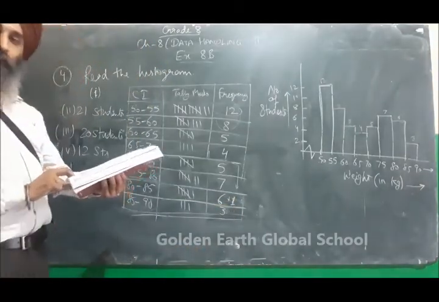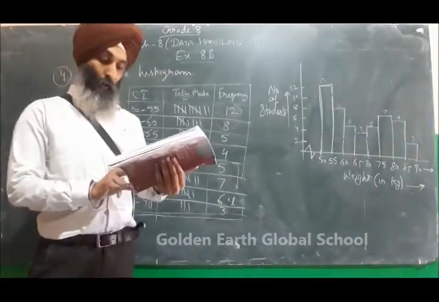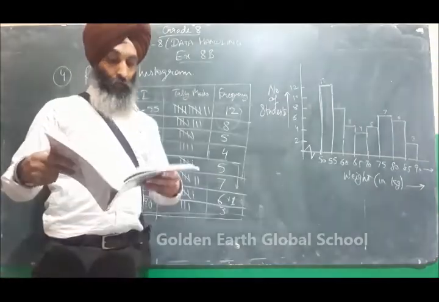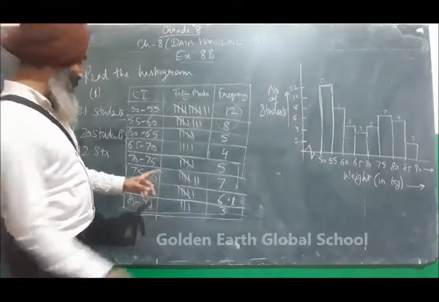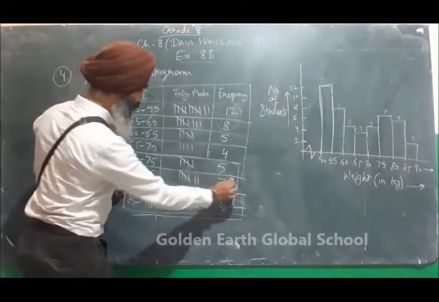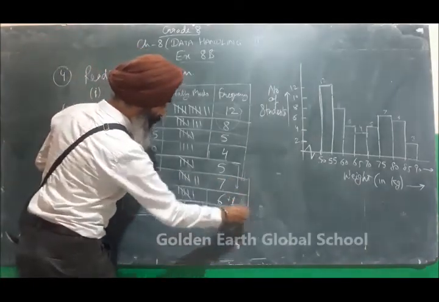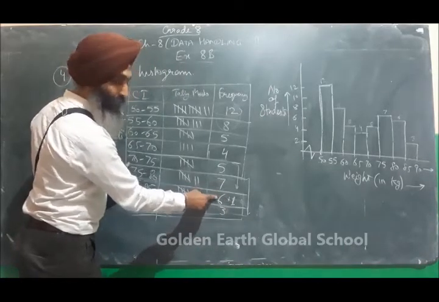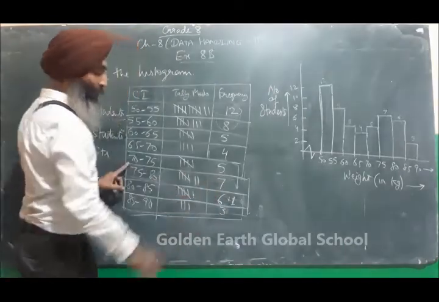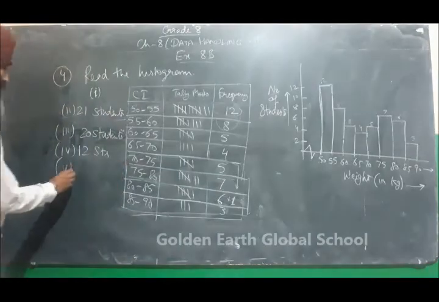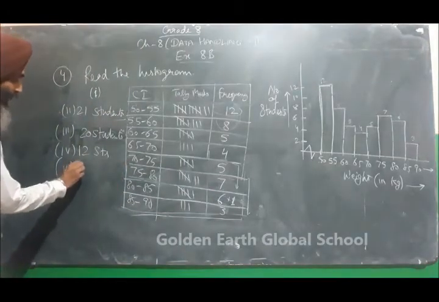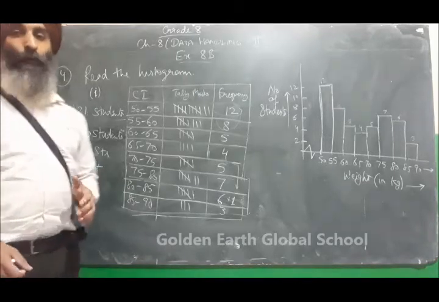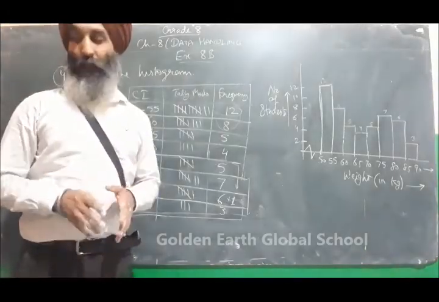If 82 kg joins this group, then how many students weigh 75 kg or more? 75 kg is written here. So 75 kg and more are 7, 6 already there, 1 is more. So 7 plus 7 is 14, 14 plus 3 is 17. So if 82 kg joins, then 17 students will have a weight more than or equal to 75.